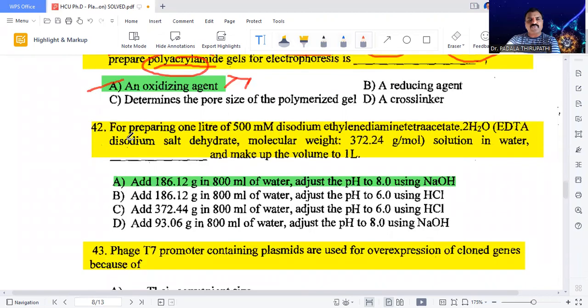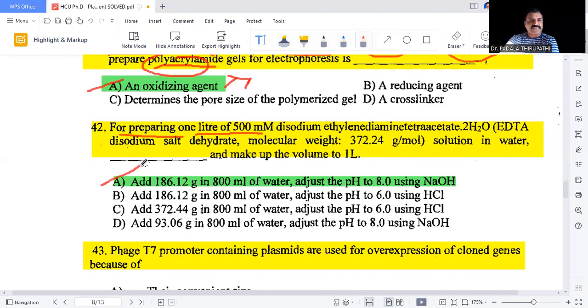Then question 42: for preparing 1 liter of 500 millimolar disodium ethylenediamine tetraacetate dihydrate, that is Na2EDTA.2H2O, molecular weight 372.24 gram per mole, dissolve in water and make up the volume to 1 liter.